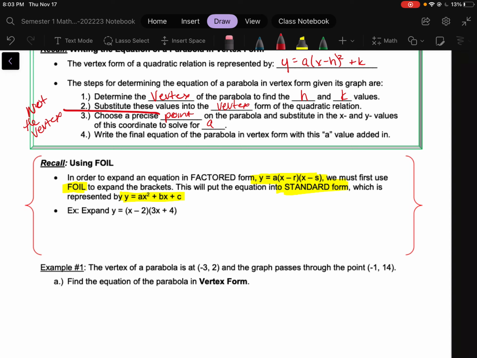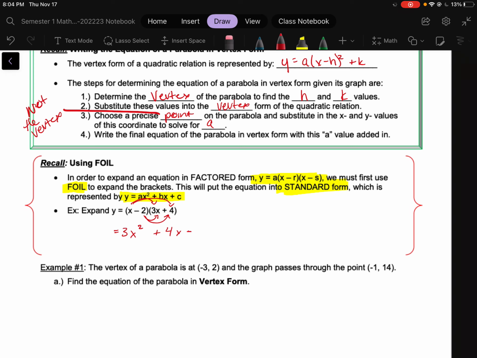So for the example here, we have our factored form. We want to get rid of the brackets, so what we do is we have to expand. So when we expand, we multiply one bracket by the next. So x times 3x is going to give us 3x to the power of 2. And then our x times 4 is going to give us plus 4x.